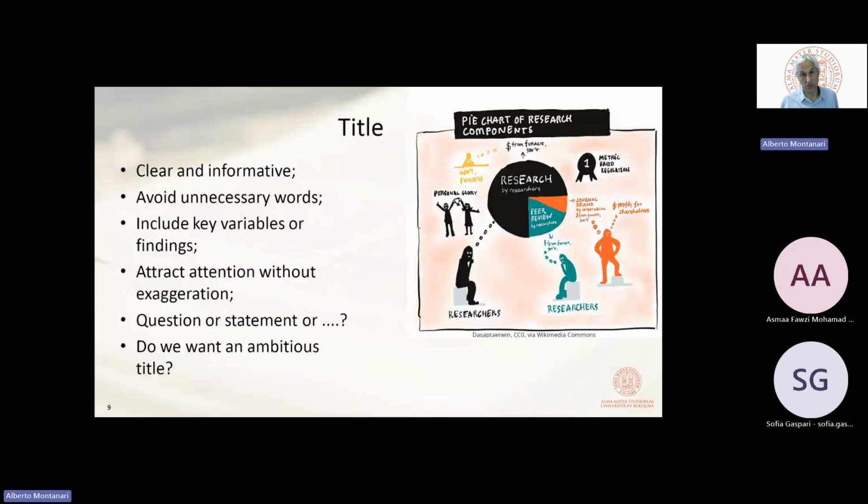And then you have to decide whether it's a question or a statement or a simple description. All of these choices have to be made keeping in mind whether or not we want an ambitious title.